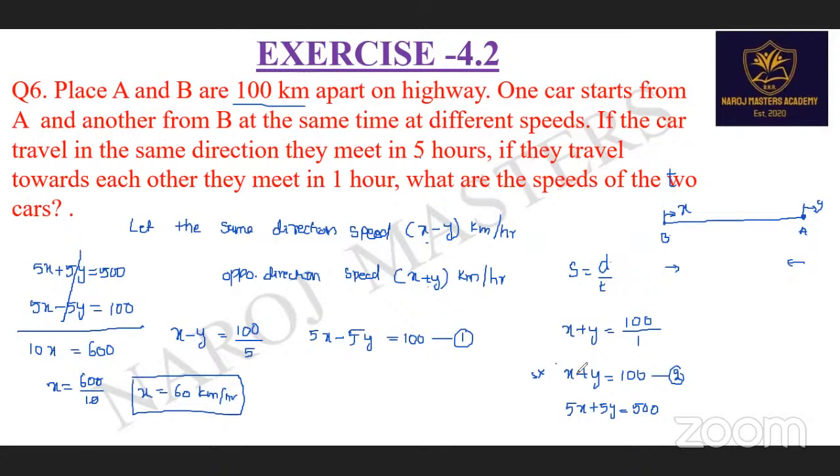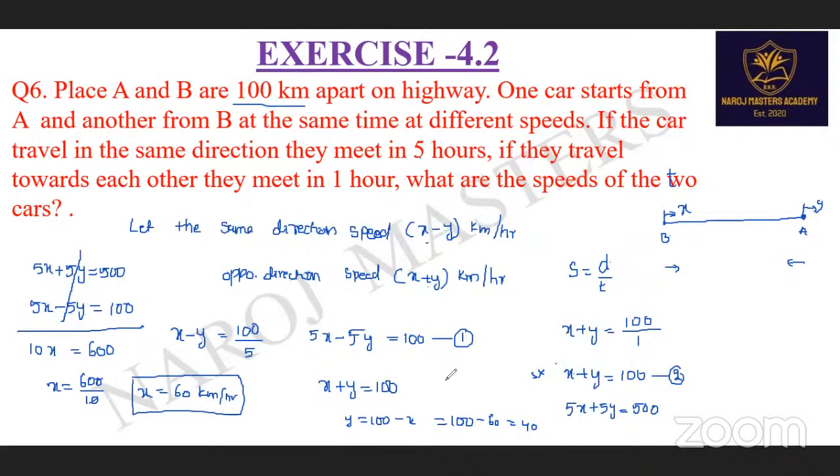We need to find y also here. So substitute: we know that x plus y is equal to 100, so y is equal to 100 minus x. That is 100 minus 60, which is 40.